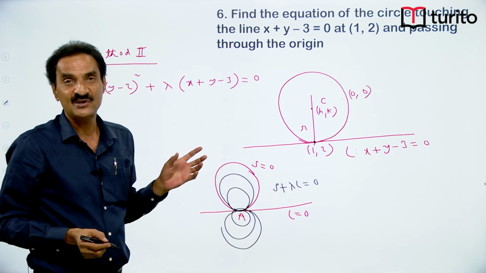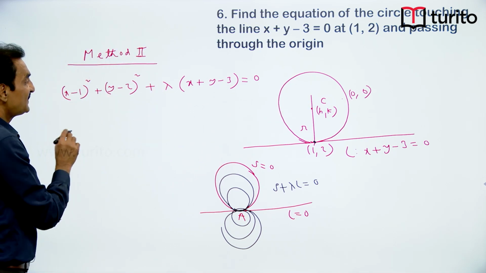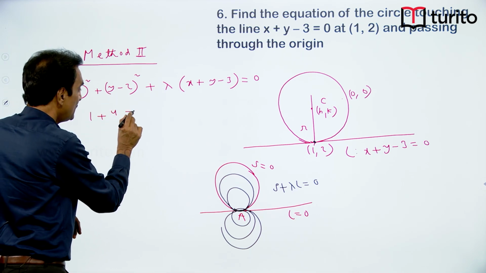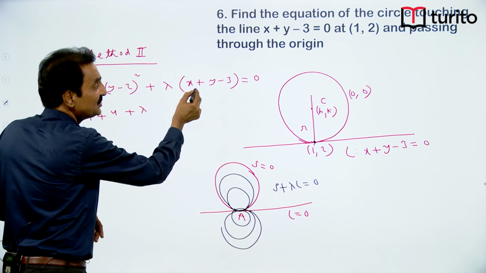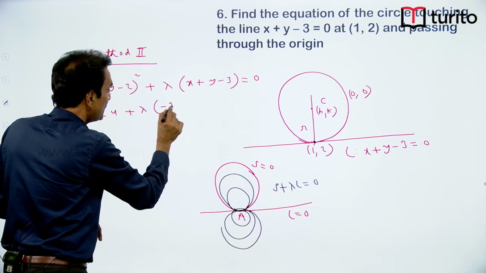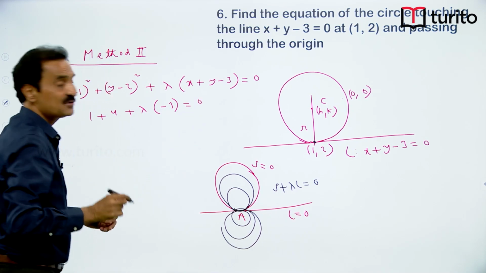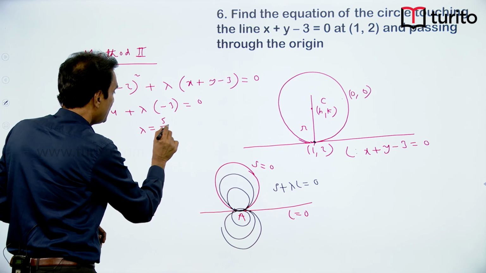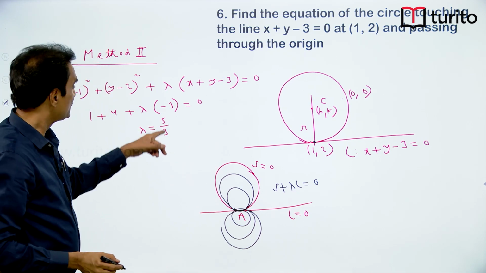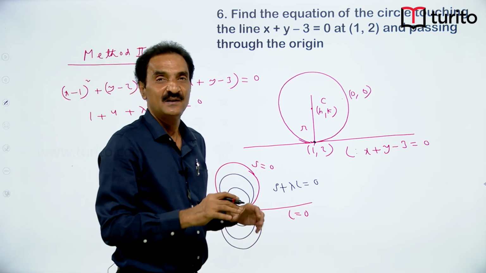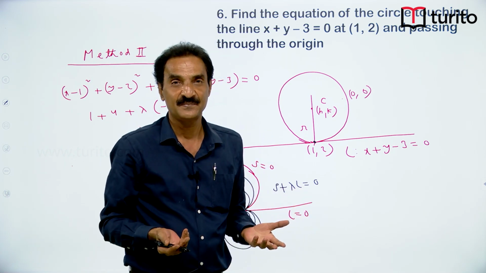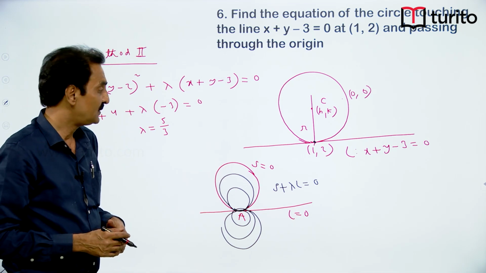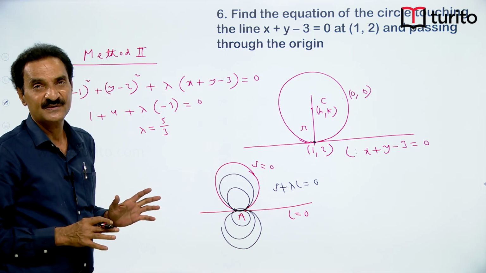So, substituting the origin, 0 minus 1 whole square, 1, plus 0 minus 2 whole square, 4, plus lambda into 0 plus 0 minus 3 is equal to 0. So, we get lambda is equal to 5 by 3. So, substituting lambda is equal to 5 by 3, you will get the equation of the circle. So, this method is very simple and easy. So, you have to make use of all the properties discussed so far.